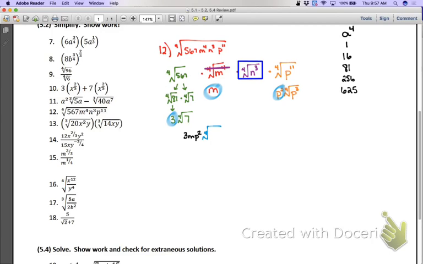So what do I have left over? Well, I have a 7, an n to the 3rd, and a p to the 3rd. Everything that's still underneath the radical is going to stay underneath the radical, so I'm going to have 7, n to the 3rd, and p to the 3rd. And that is my final answer.